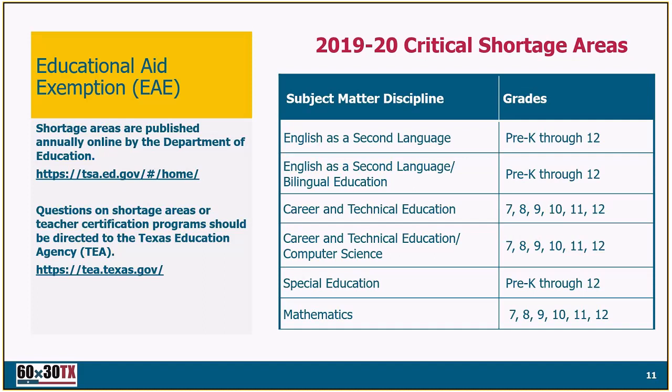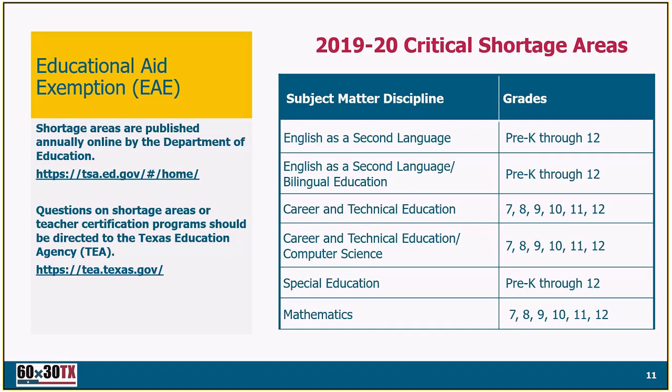We are also updating our program guidelines for educational aid, and we also sent them out in a welcome letter earlier this week on the 19th, so you'll want to go look there. Basically the way that it works is Texas Education Agency submits all the data to the Department of Education each year, and then they publish those shortage areas, and they just made those available. So those are on your screen.